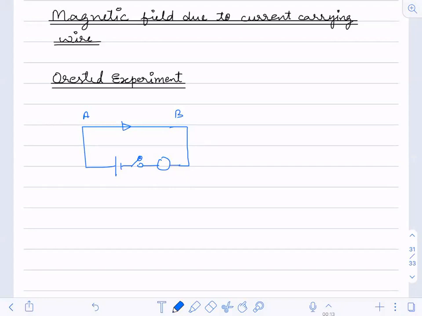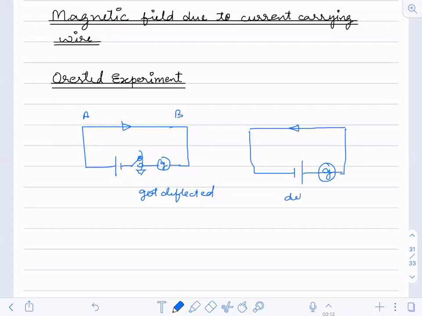So what will happen now? When you connect the switch, the galvanometer will move. The galvanometer G got deflected. One more thing he did: he changed the direction of the current, and he found that the deflection in the galvanometer was there, but in the opposite direction.